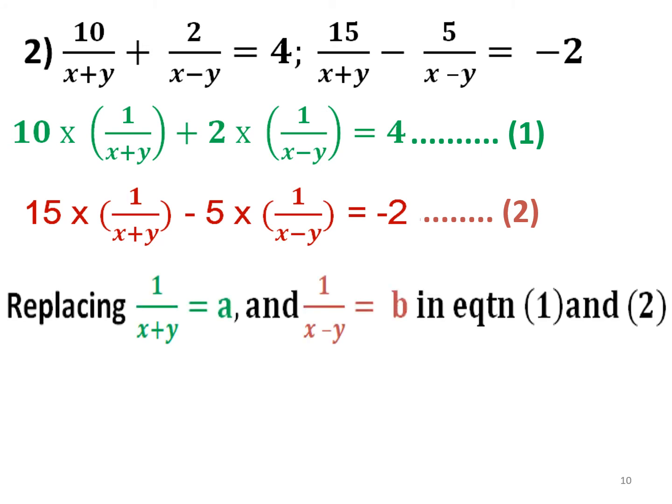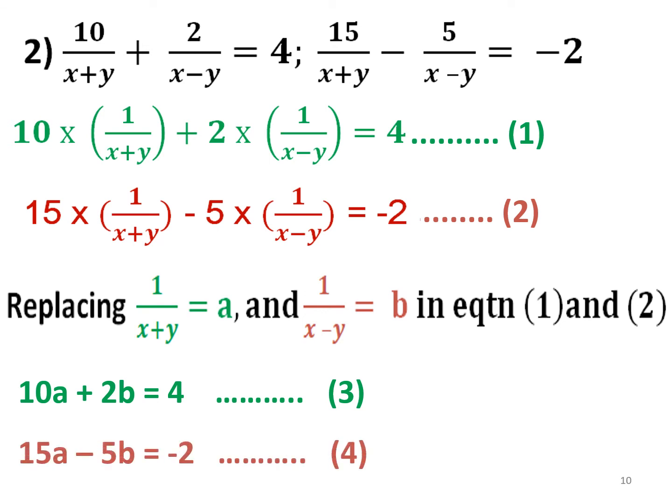Replacing 1 upon x plus y as a and 1 upon x minus y as b in my equations 1 and 2, my new equation becomes 10a plus 2b is equal to 4. Equation 3. 15a minus 5b is equal to minus 2 is my equation 4.